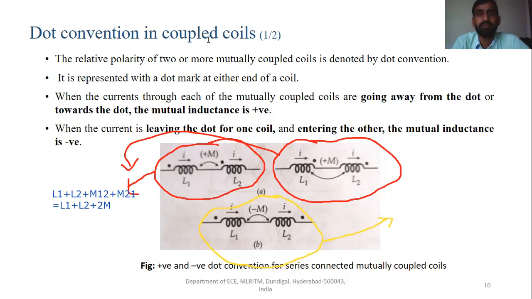If you write, L1 is the self-inductance of coil 1, plus L2, the self-inductance of coil 2, plus, here it is minus, because here the mutual inductance is acting negative, so minus M12 minus M21.